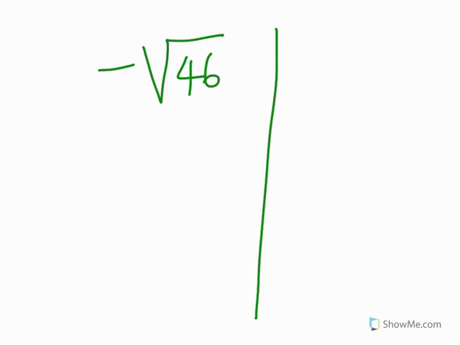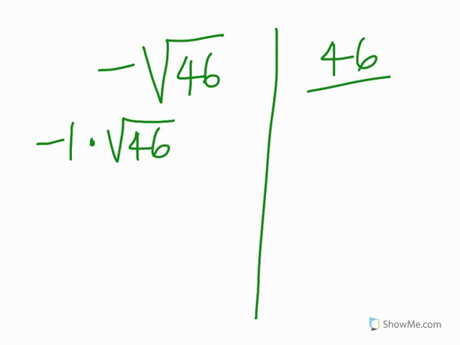What if we have negative square root of 46? Now, this means negative 1 times square root of 46. So you want to find the factors of 46. We have 1 and 46. Forget about that one. Then we have 2 and 23. 3 cannot go. 4 cannot go.